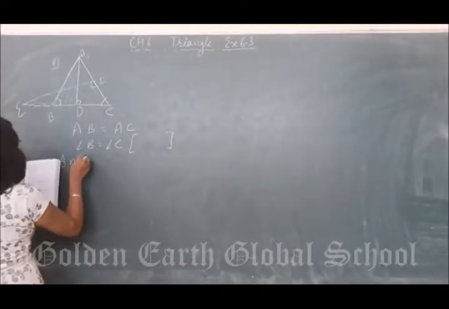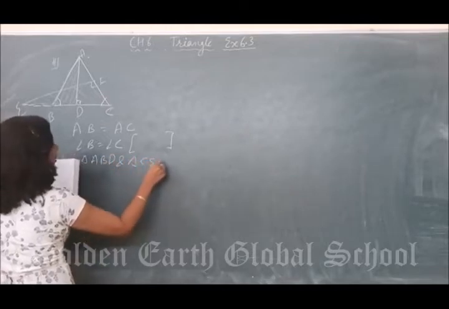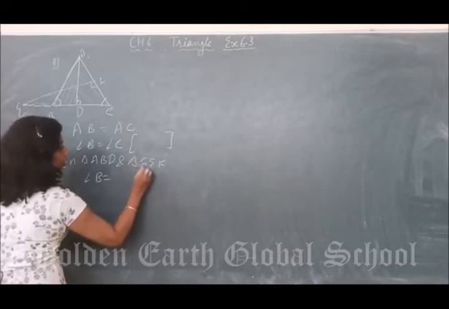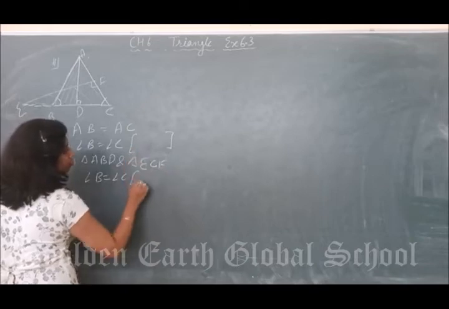So we will consider triangle ABD and triangle ECF. Angle B is equal to angle C, proved above.